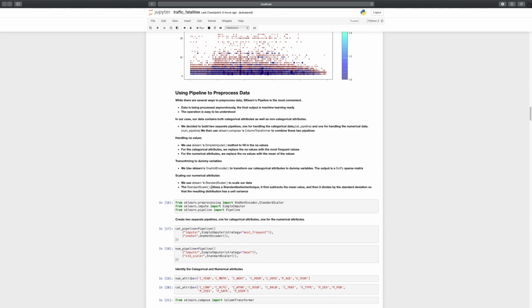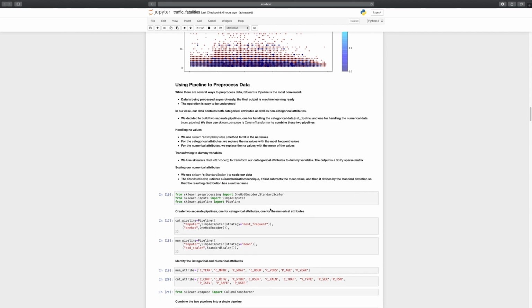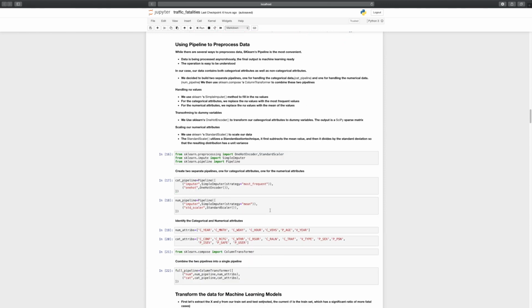And then I transform the categorical variables into dummy variables using the OneHotEncoder function. For the numerical variables, I use the StandardScaler technique, which subtracts the mean value and then divides by the standard deviation so that the resulting distribution has unit variance.